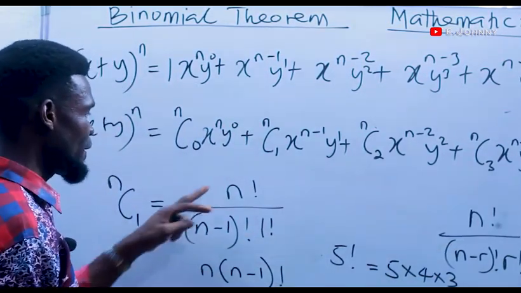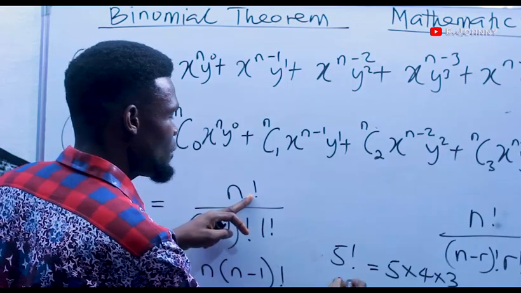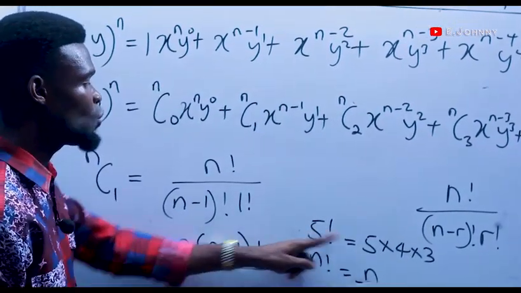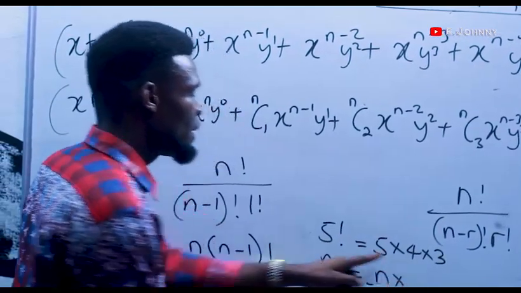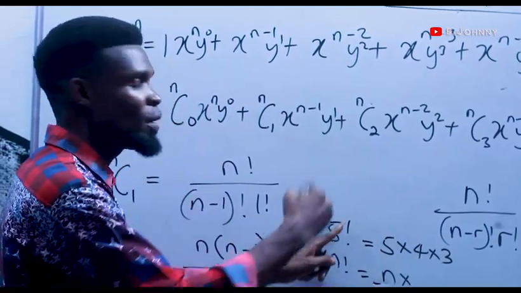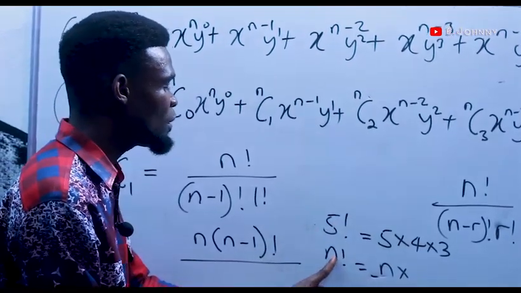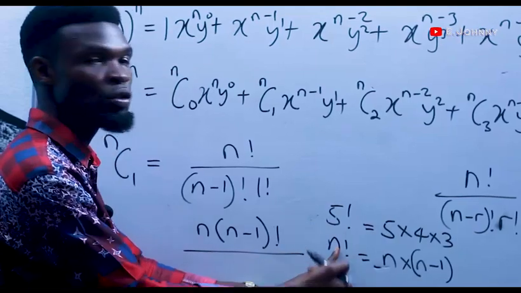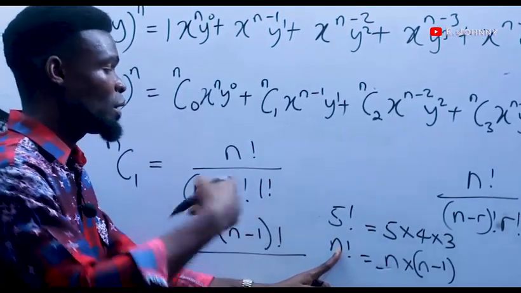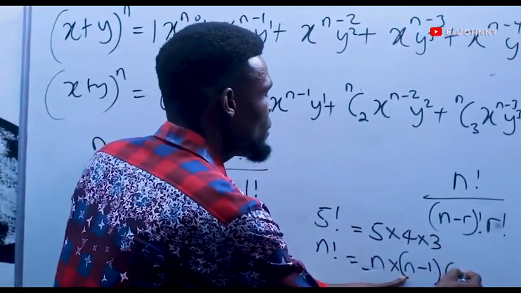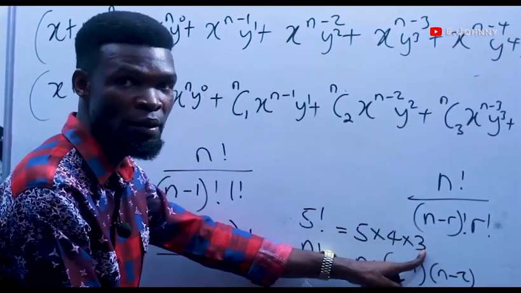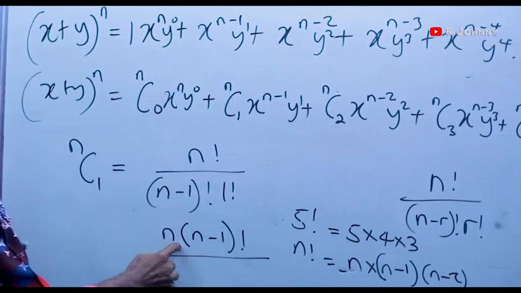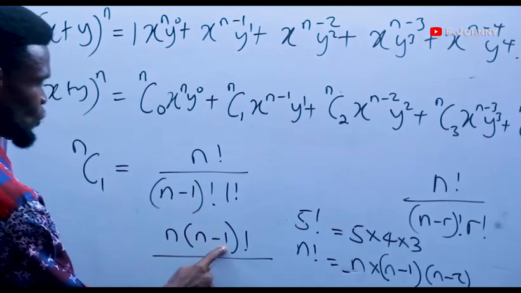So since I have n factorial, you start with the letter n, just like you started with 5, times the next one, which would be 5 minus 1, which is 4. Since it is a letter, you have n minus 1, which has now reduced by 1. If I'm looking for the next one, it would have been n minus 2, which would now give me 3. Okay, so I have n into n minus 1 factorial.